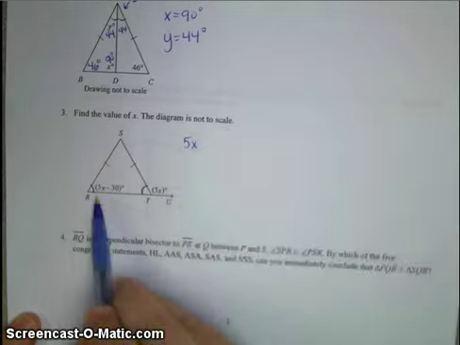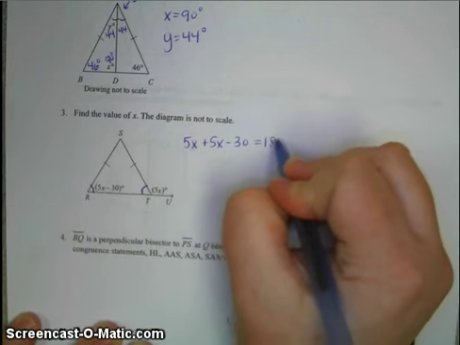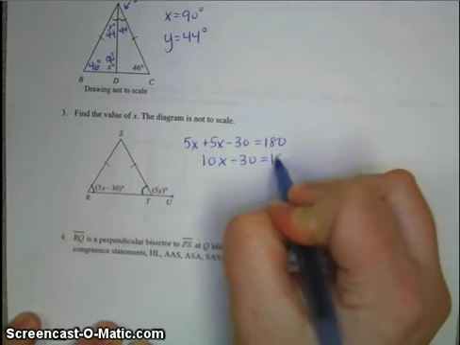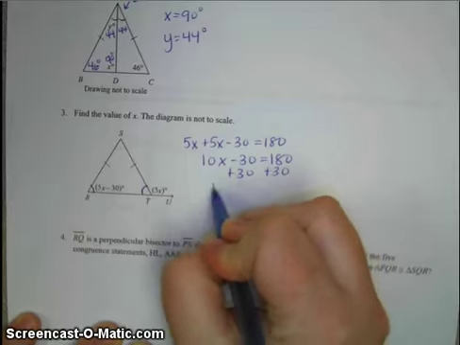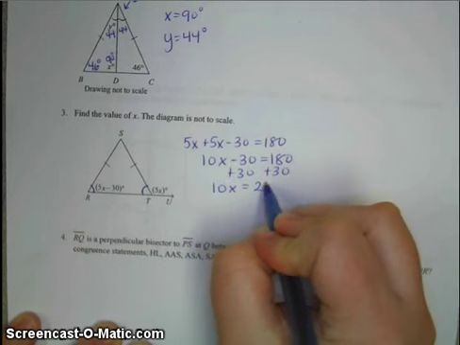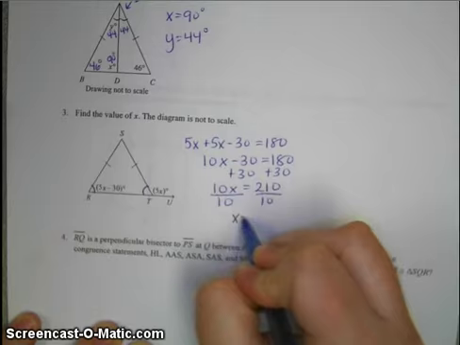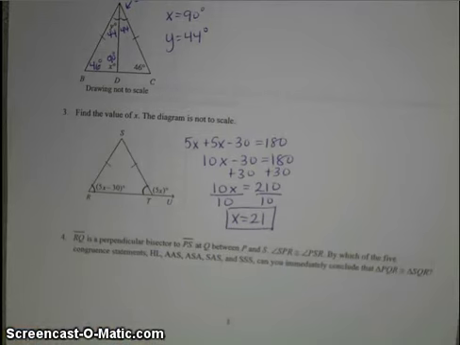So 5x plus 5x minus 30 is equal to 180. So x is equal to 21.